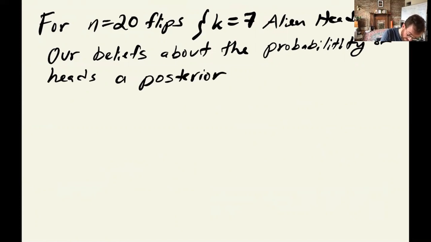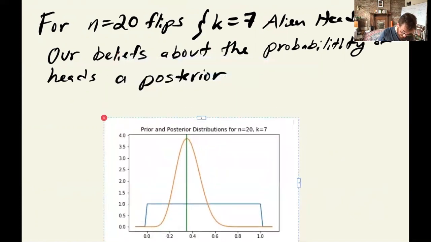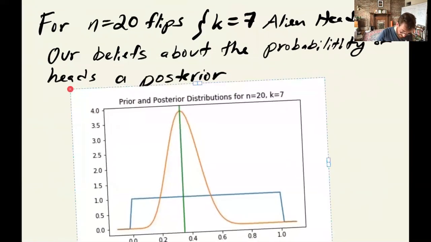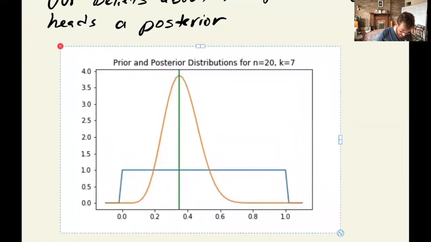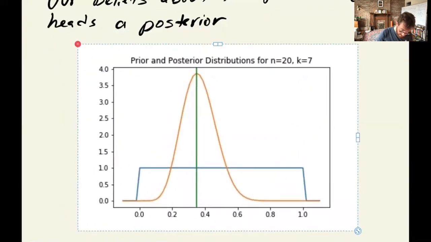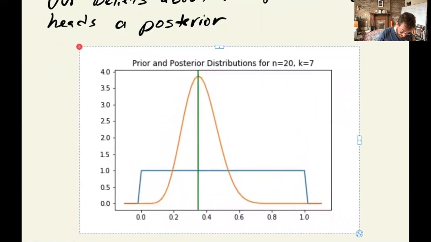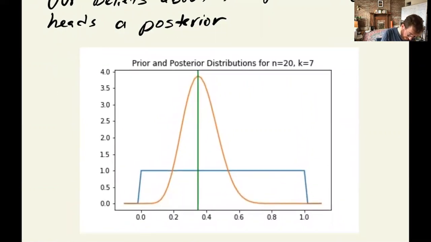It looks something like this. So this is our probability distribution.